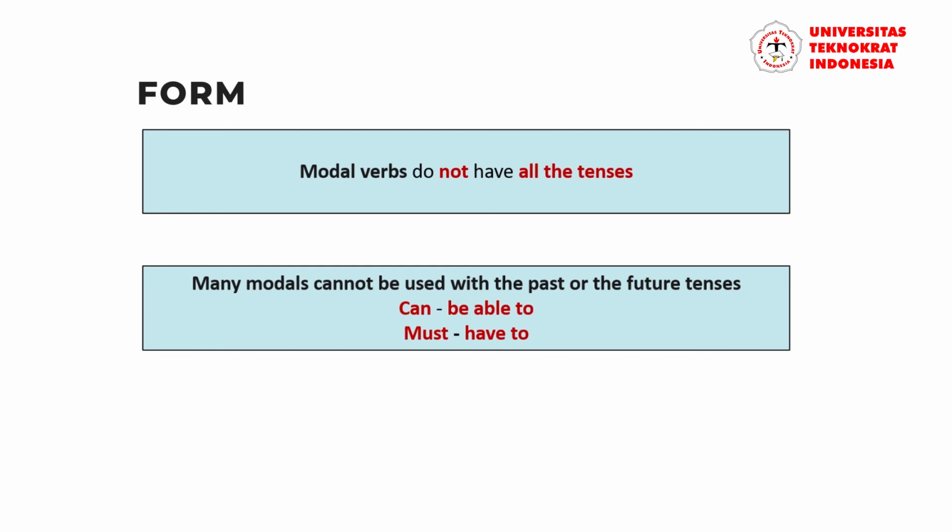So if we want to make it into the past form, we can just change the tense using the synonym. For example, if I say I can solve the problem, and then I want to make it into the past, I can use I was able to solve the problem. Is it clear? Okay.